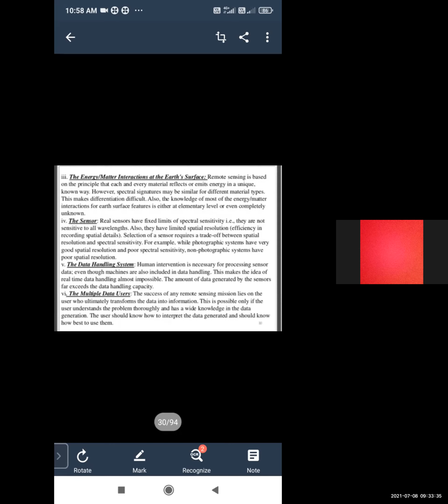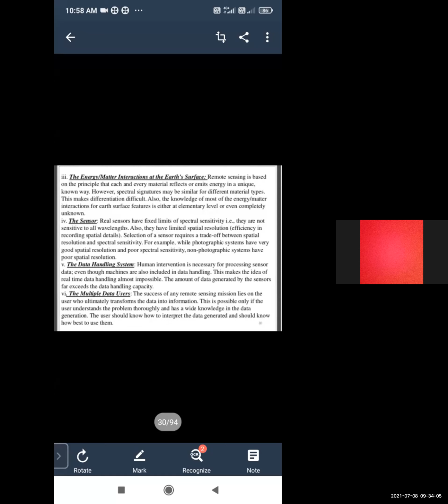That means ideal remote sensing is not available for any condition. So for all components, we have to calibrate in real conditions.